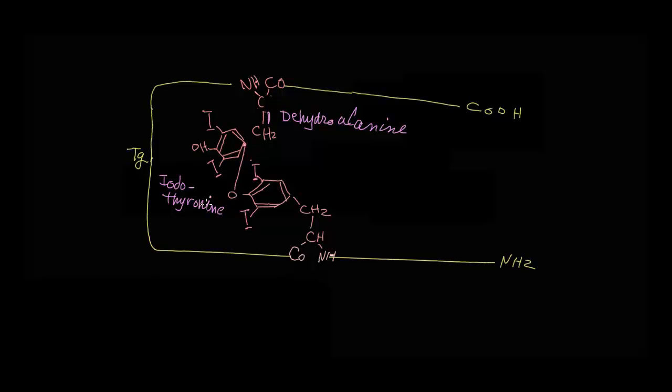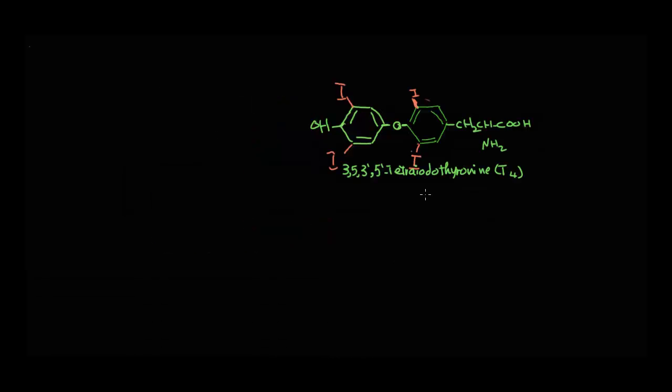of the thyrocytes. The major iodothyronine that is produced by the thyroid gland is this form, 3,5,3',5' tetraiodothyronine.